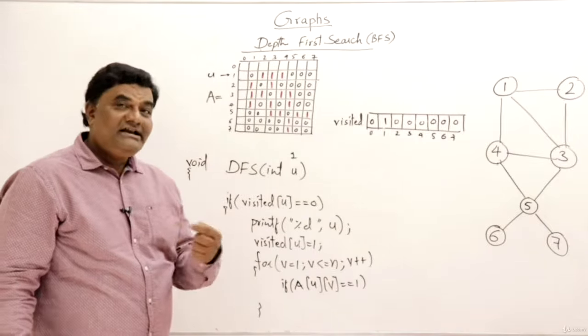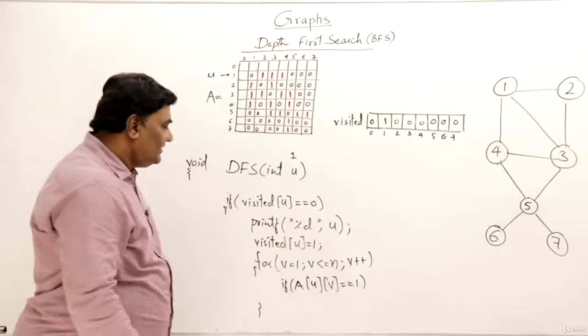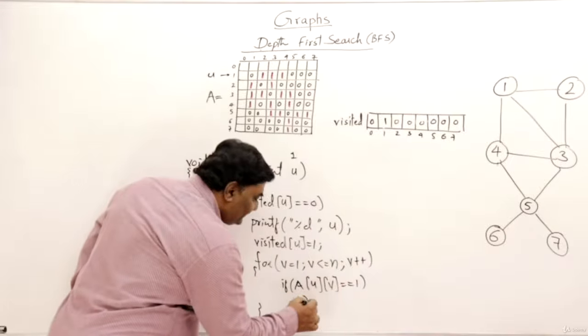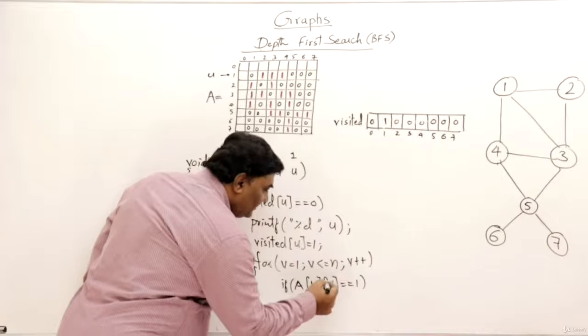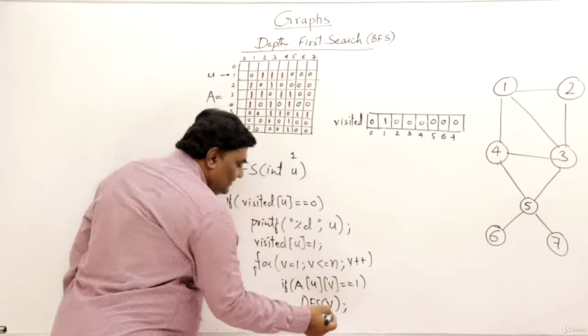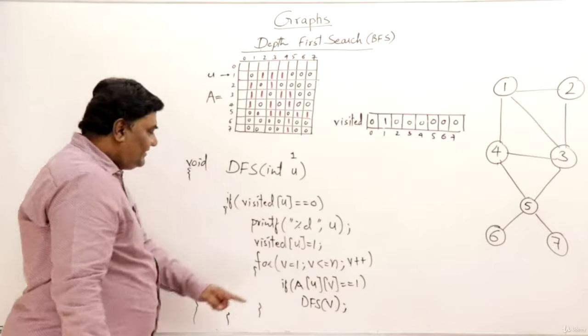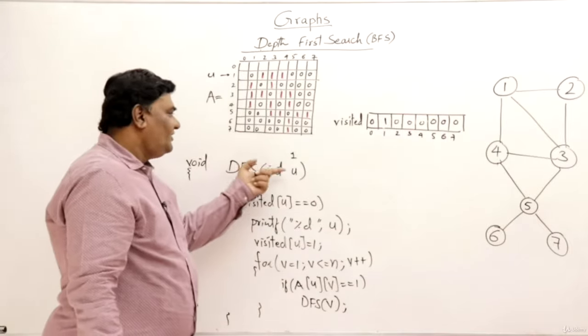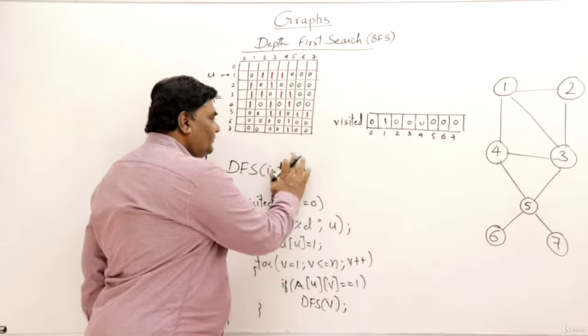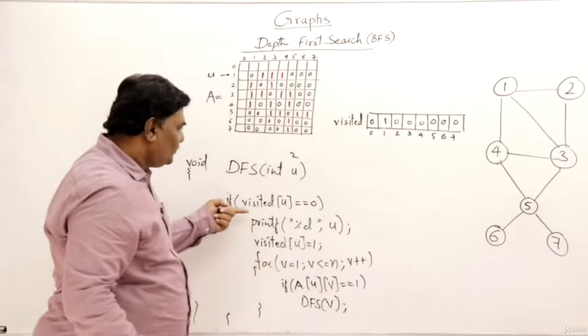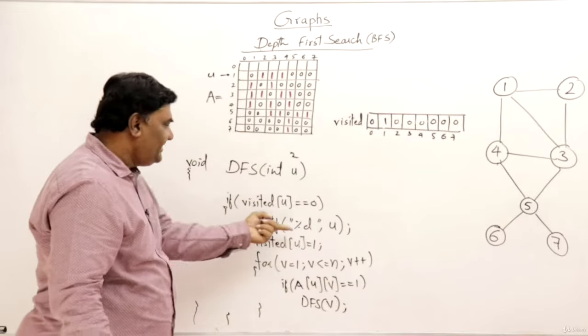So perform depth first search on 2. That is v. That's all. End of if, end of this. So this will call itself again on vertex 2. Now this will be 2. And 2 is not visited. Print 2.